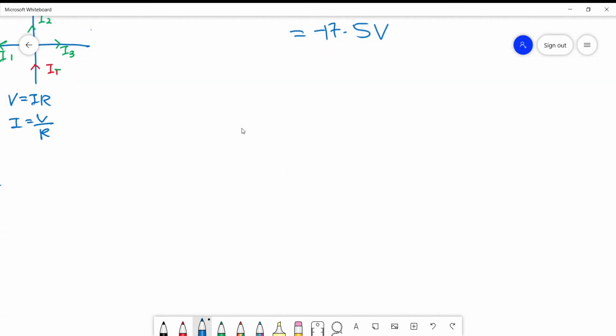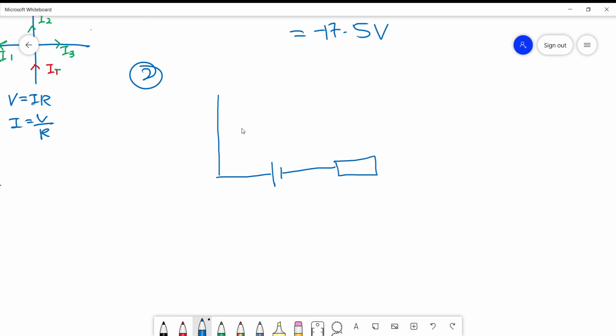Okay, so this will be our second example. We have a circuit diagram. Give me a moment, let me just draw the circuit. This is the first battery, and this is the first resistance.